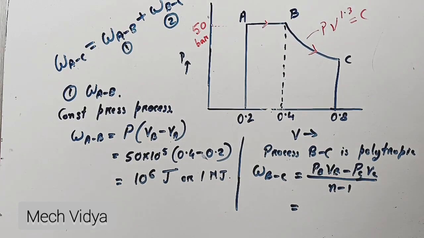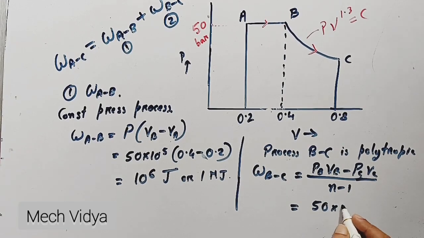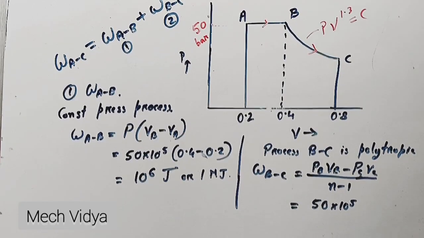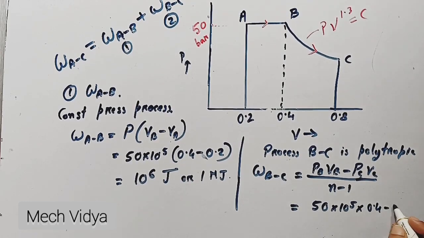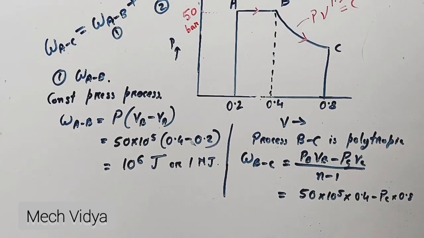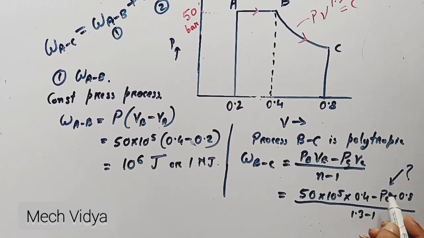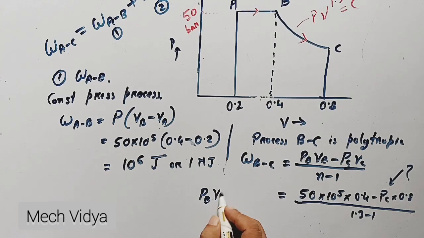Okay, so simply substitute the values and you will get the answer. So here the value of PC is not known. Okay, PC we have to find out.